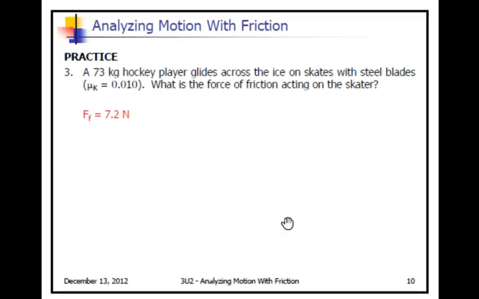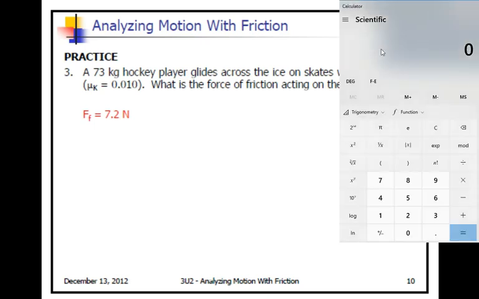This question says a hockey player glides across the ice on skates with steel blades with a very low 0.010 coefficient of kinetic friction. What is the force of friction acting on the skater? So in this case, the force of gravity acting on the skater is their mass, 73, times 9.8.